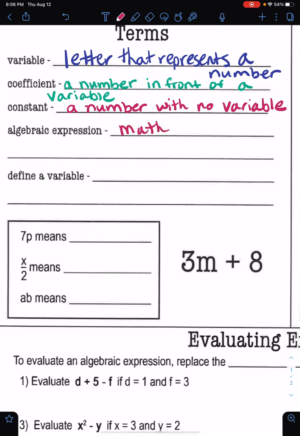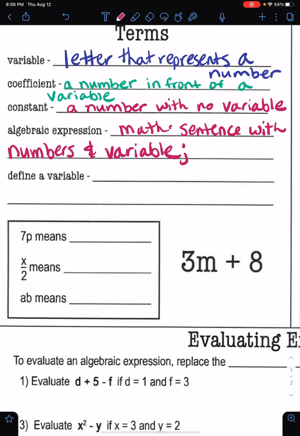We'll say it's a math sentence with numbers and variables, and it has no equal sign. To define a variable means to tell what the variable represents.